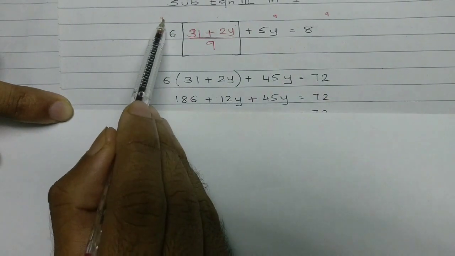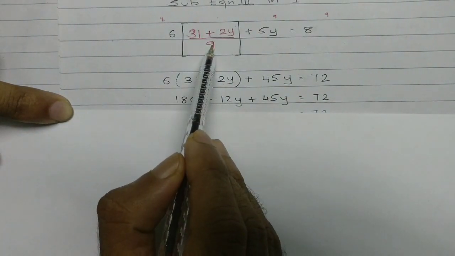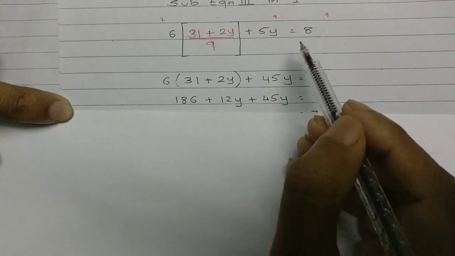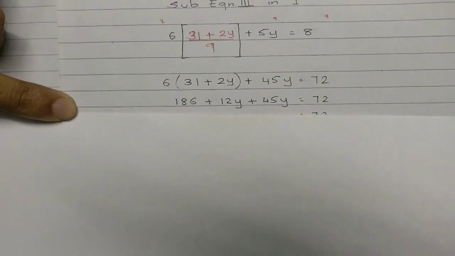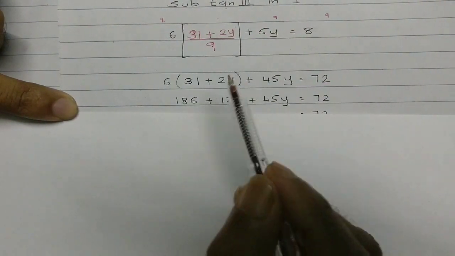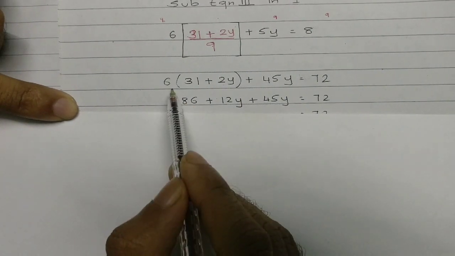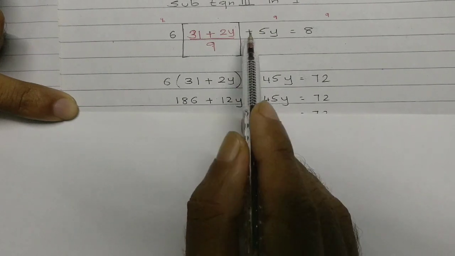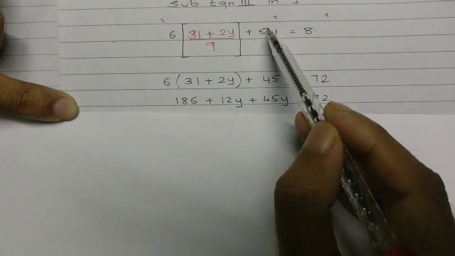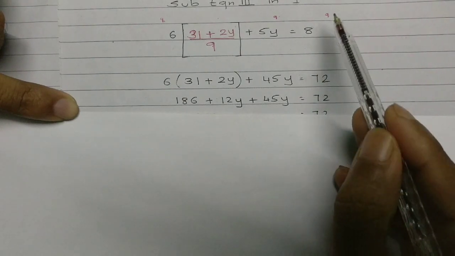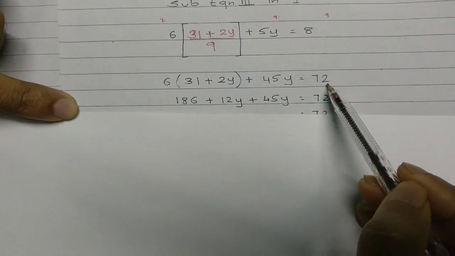So this 9 and this 9 will get cancelled, and what I will be left with is 6 and 31 plus 2y. I've written it in the bracket, plus 5 9s are 45y is equal to 8 9s are 72.